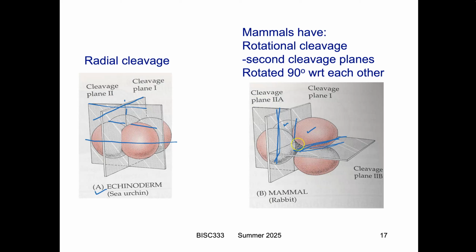It's referred to as rotational because if you were to mentally take these two cells and rotate them 90 degrees, then you'd have what looks like this, right? And if these cells were to divide again, if these ones divided this way, then these ones would divide that way, so that they'd be rotated 90 degrees with respect to the other cell.